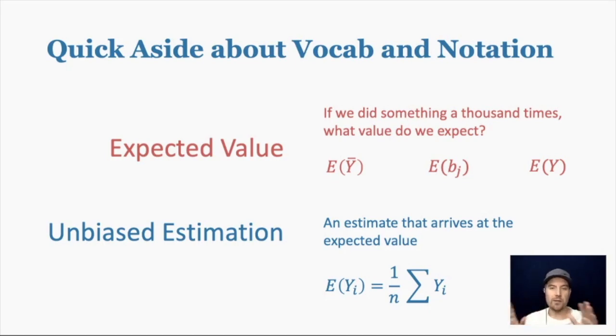The whole point of understanding what an expected value is, is that it helps us understand what unbiased estimation means. So the E with parentheses, that's the symbol of expected value. And what we have here with unbiased estimation is an estimate that arrives at the expected value. It's an equation that will get us to the expected value every time. It doesn't mean that our sample is perfect and will line up with the population, but it means that the equation is unbiased.